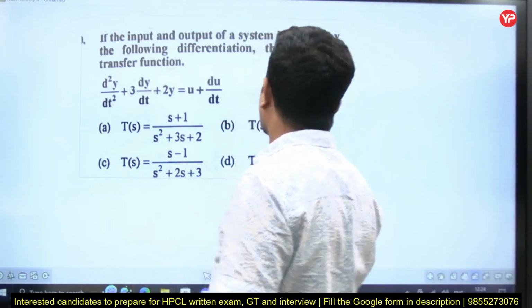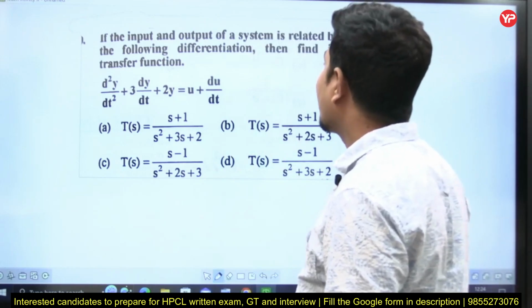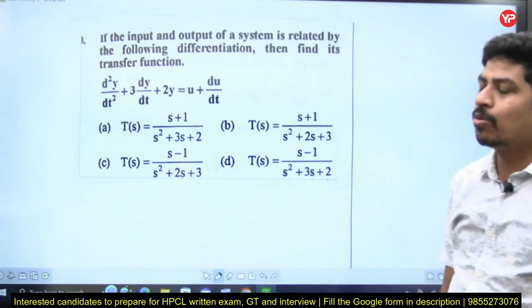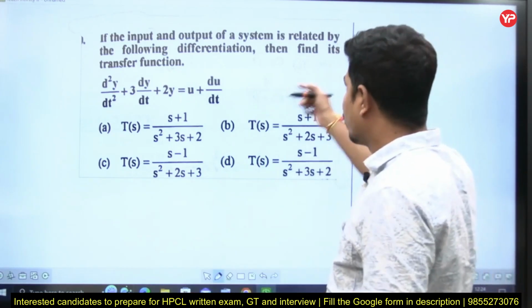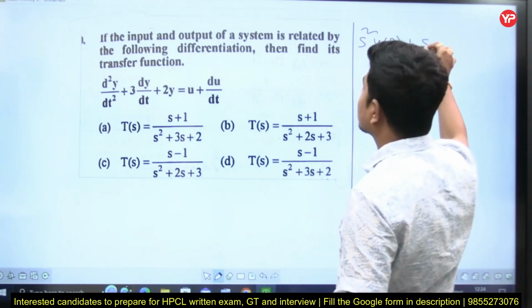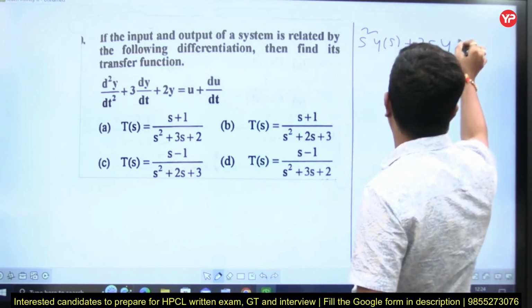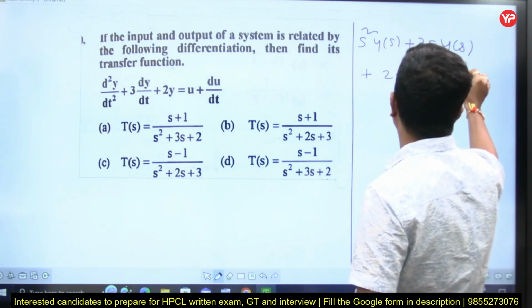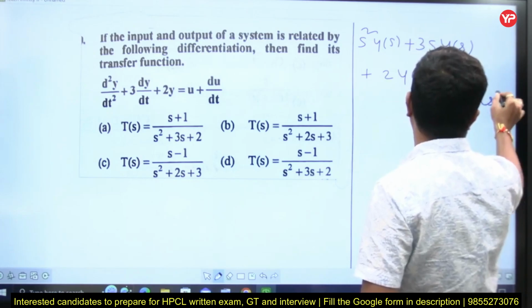If the input and output of a system are related by the following differential equation, then find its transfer function. As I told you just now, apply Laplace on both sides, take the Laplace transform of output by Laplace transform of input, and you are going to get the transfer function. Apply it: S square Y(S) plus 3 S Y(S) plus 2 Y(S) is equal to U(S) plus S U(S). Why S?